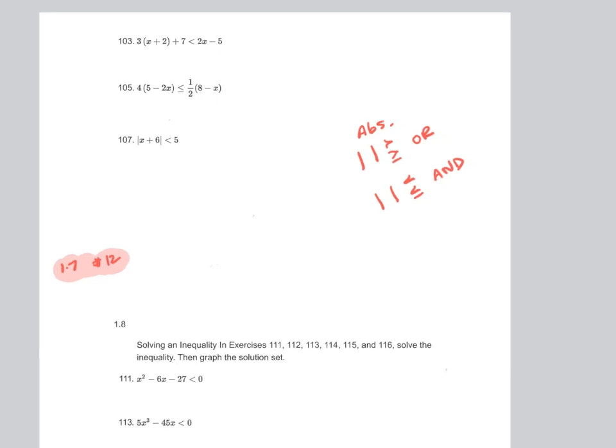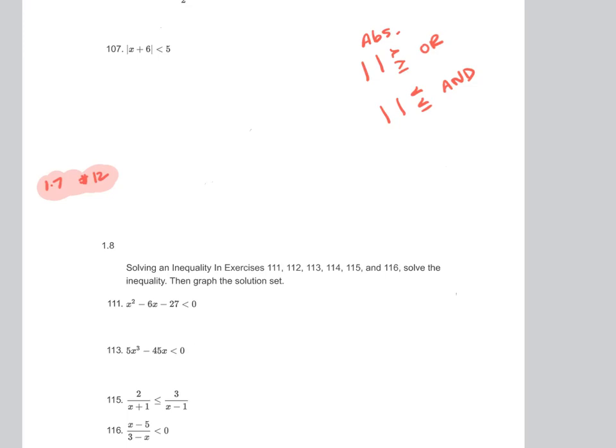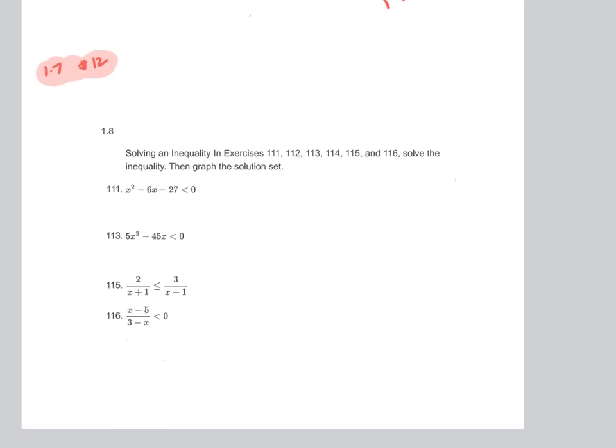And then came 1.8, which is what we did 3 days ago, and we finished up yesterday. Your polynomials where you've got to factor them, set your number line, and then test your points. And then the ones we just did on the warm-up, which was like 115 and 116.